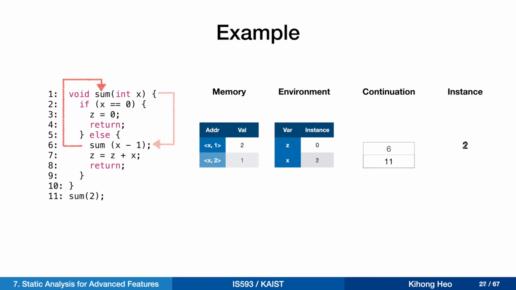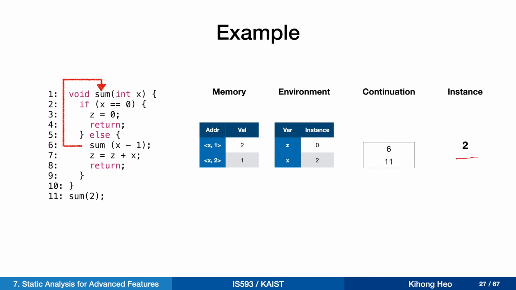Then next it calls the same function with a new parameter, which is 1. So what is going on here? The program takes the instance, so the instance becomes 2. As I mentioned, for every function call, the program takes the instance and increases this number by 1.